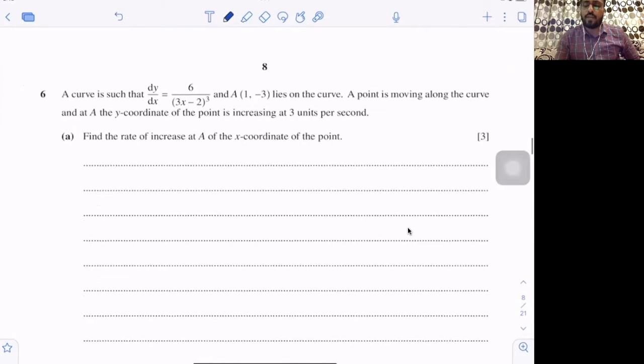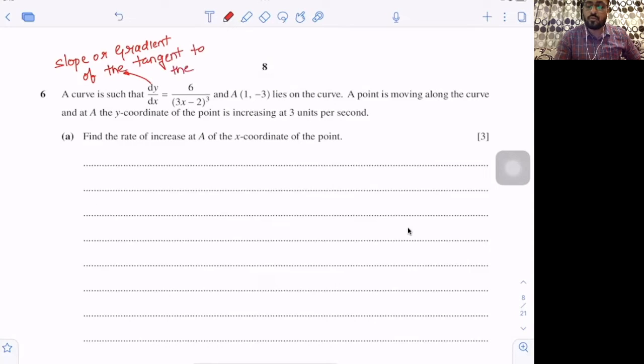Students, are you aware that dy upon dx, when you say, what is dy upon dx? It is the slope, or you can say gradient. One and the same thing, right? Slope or gradient of the tangent to the curve, right?